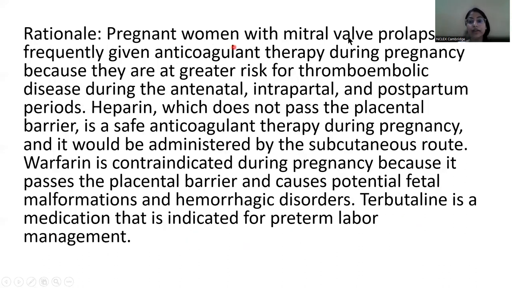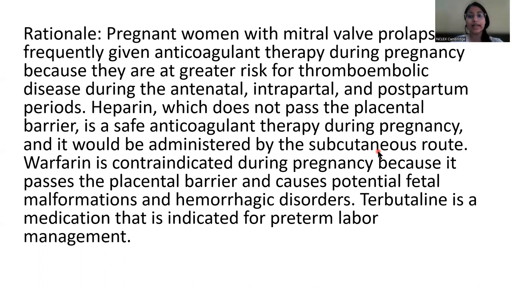Pregnant women with mitral valve prolapse are frequently given anticoagulant therapy during pregnancy because they are at greater risk of thromboembolic disease during the antenatal, intrapartum, and postpartum period. Heparin, which does not pass the placental barrier, is safe anticoagulant therapy during pregnancy and it would be administered by the subcutaneous route.